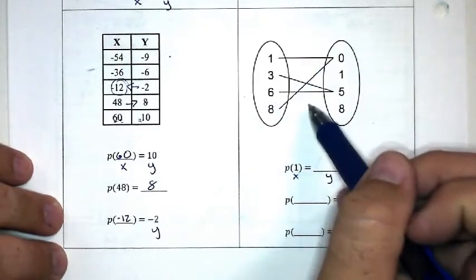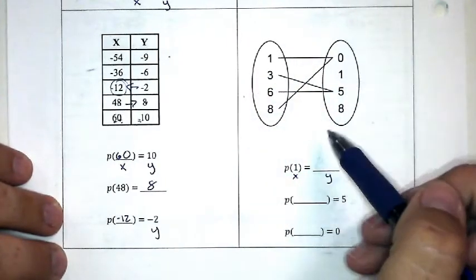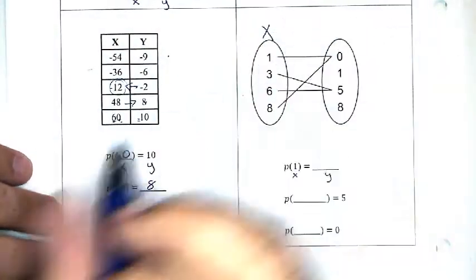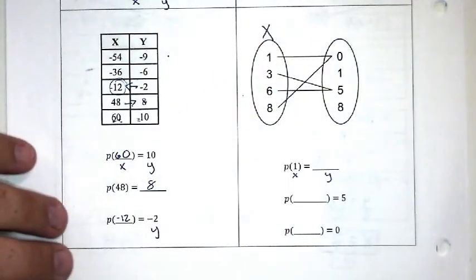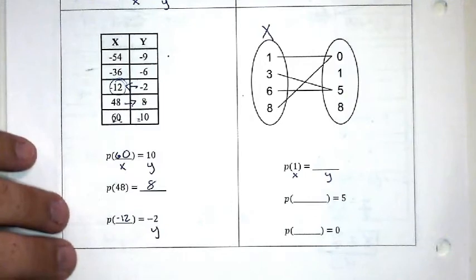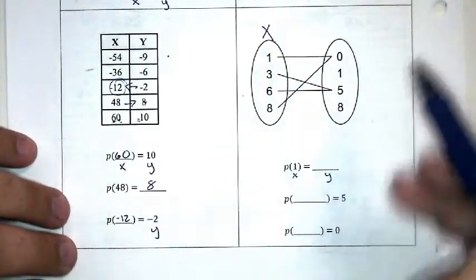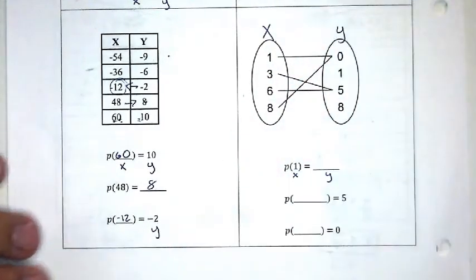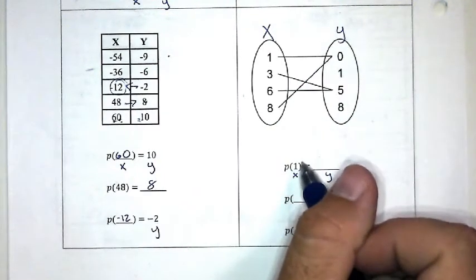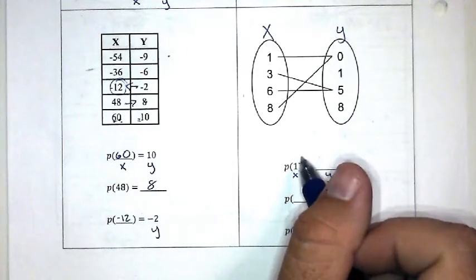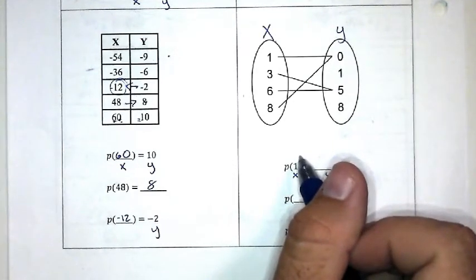X is always on the left, y is always on the right, alphabetical order, x then y. So x is 1. It has one singular line. Where does that one line go to? 0. So that's your answer.